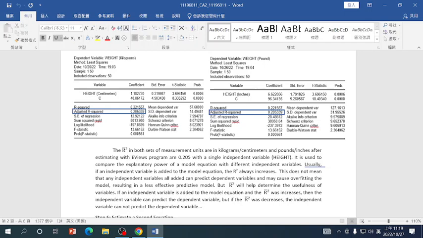But adjusted R square will help determine the usefulness of the variable. If an independent variable is added to the model equation and adjusted R square increases, then the independent variable can predict the dependent variable. But if the adjusted R square decreases, the independent variable cannot predict the dependent variable.